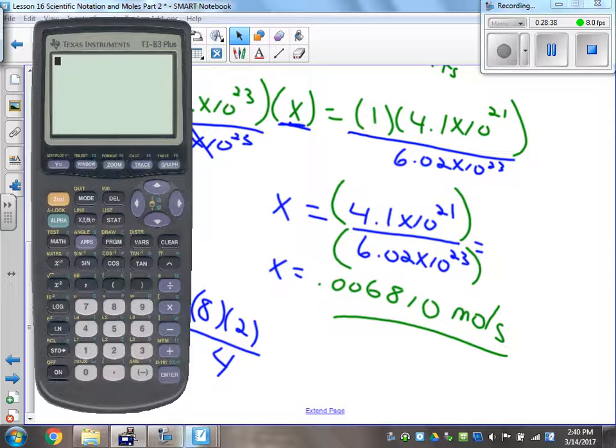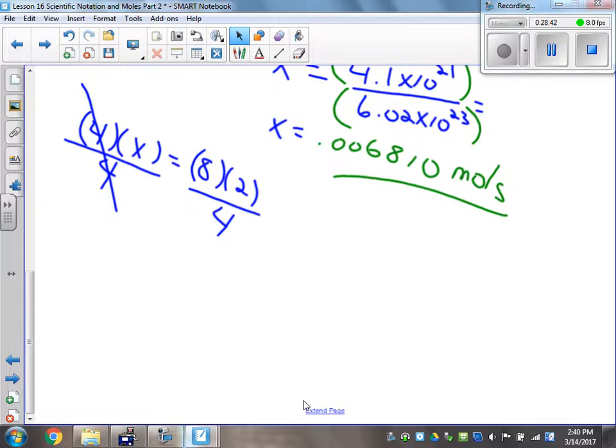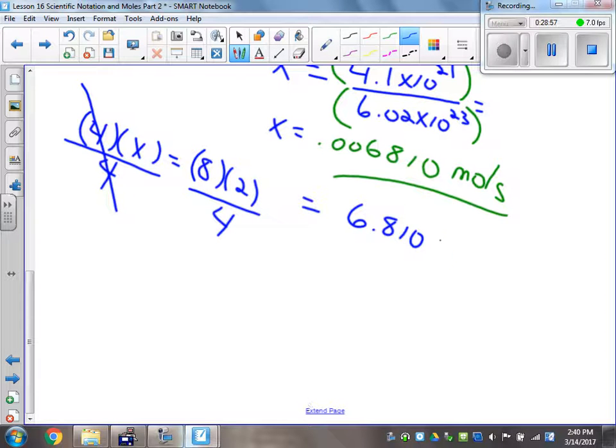It should be 0.006810. Hey, and you know what? We could even do scientific notation, can't we? Let's do scientific notation for a little practice here. Let's go a number between 1 and 10. 6.8 is a number between 1 and 10. And I need a power of 10.